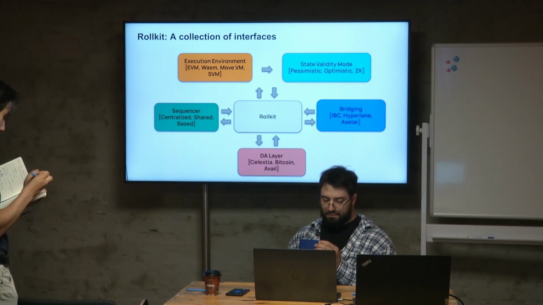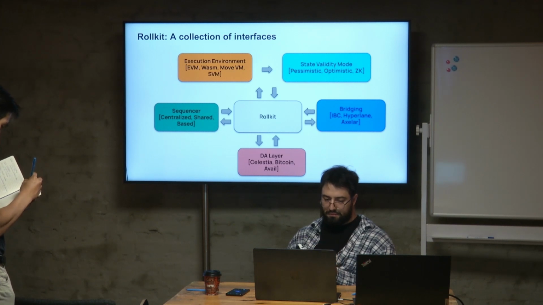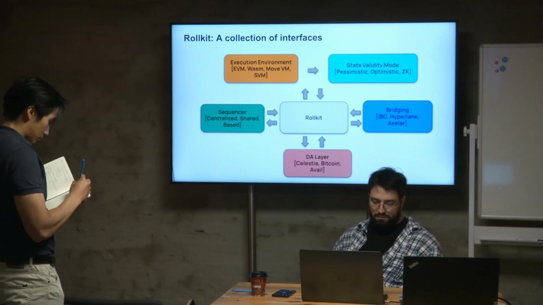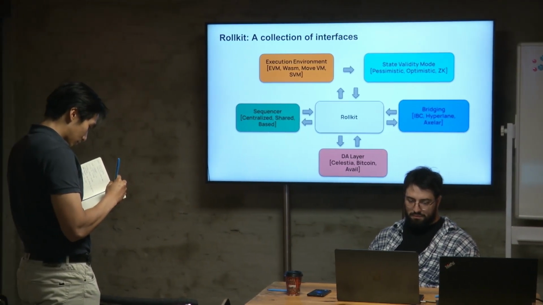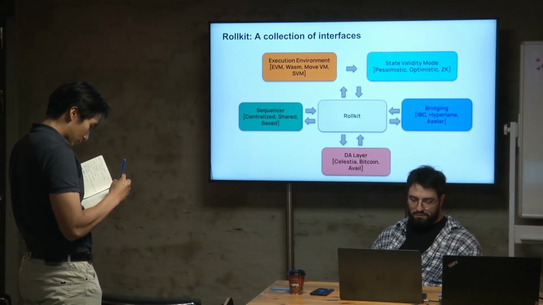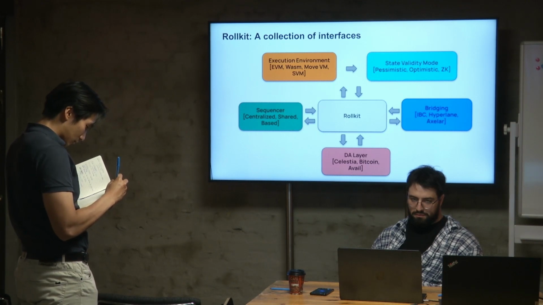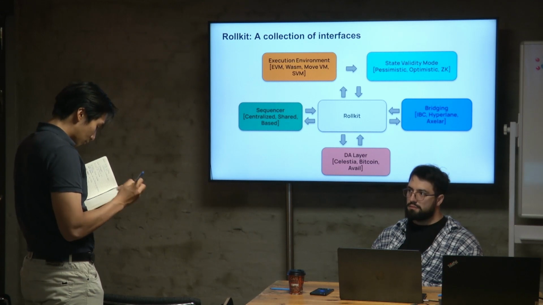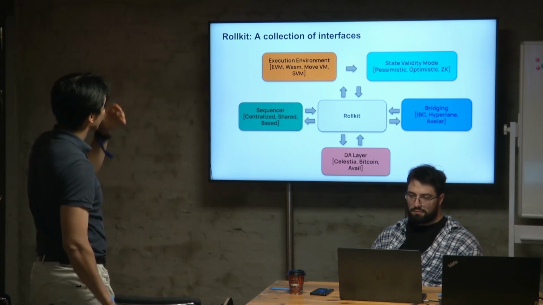You can also have based mode, so you can use the DA layer blocks as your rollup blocks as well. So you can pick and choose between these different modular components and build whatever you want.